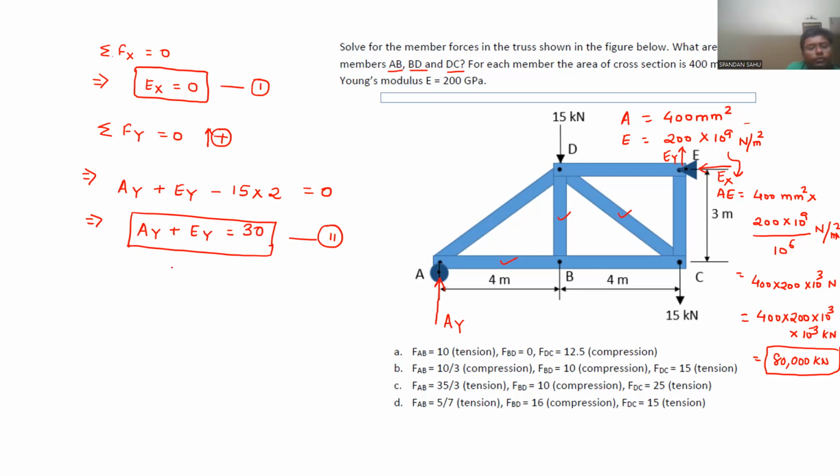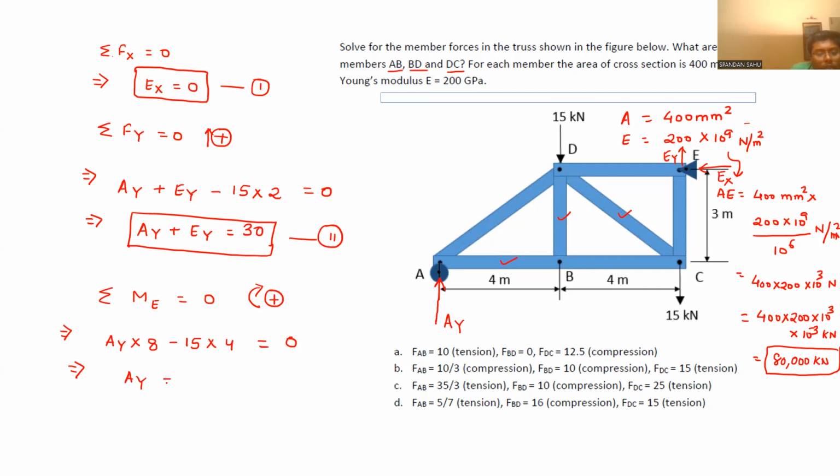Now we can do summation of moments about point E equal to 0, and in clockwise fashion we will consider it positive. So AY, the lever arm is 8 meter, minus 15, the lever arm is 4 meter, and for this other 15, the lever arm is 0, so it won't be considered, and that will be equal to 0.